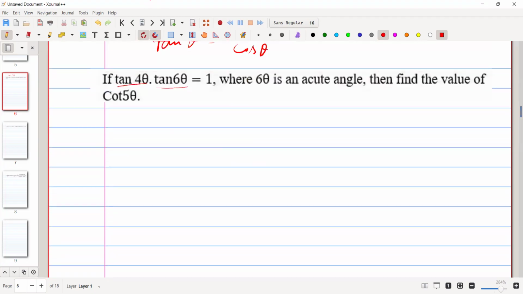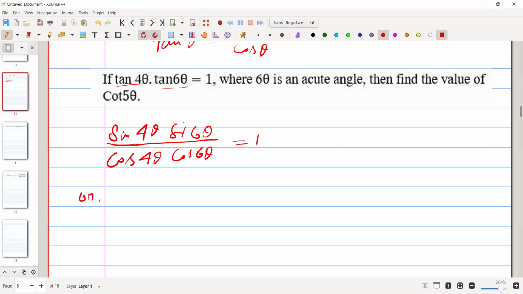If we convert it like that, we will have sine 4 theta sine 6 theta over cos 4 theta cos 6 theta equals 1. On making cross multiplication, we will have cos 6 theta cos 4 theta minus sine 6 theta sine 4 theta equals 0.